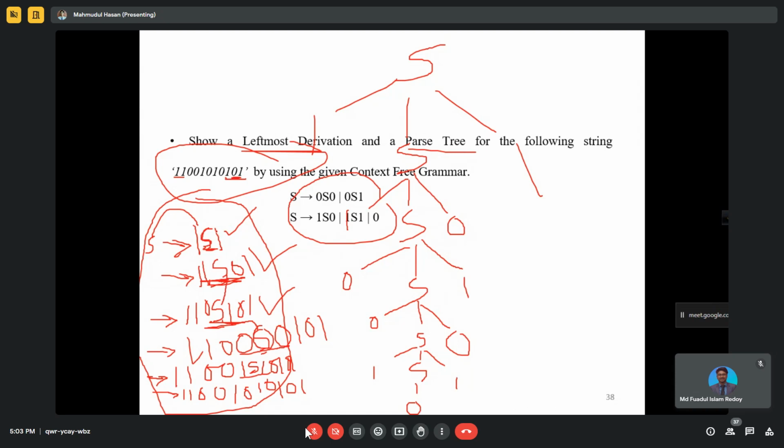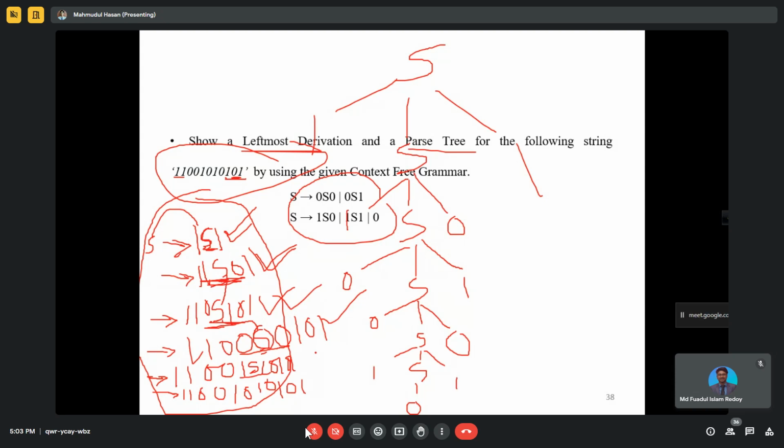Because you need to apply leftmost or rightmost only when you have more than one non-terminal in a line. Here, if you look at every line, there is only one non-terminal. So that is not a concern of leftmost or rightmost.